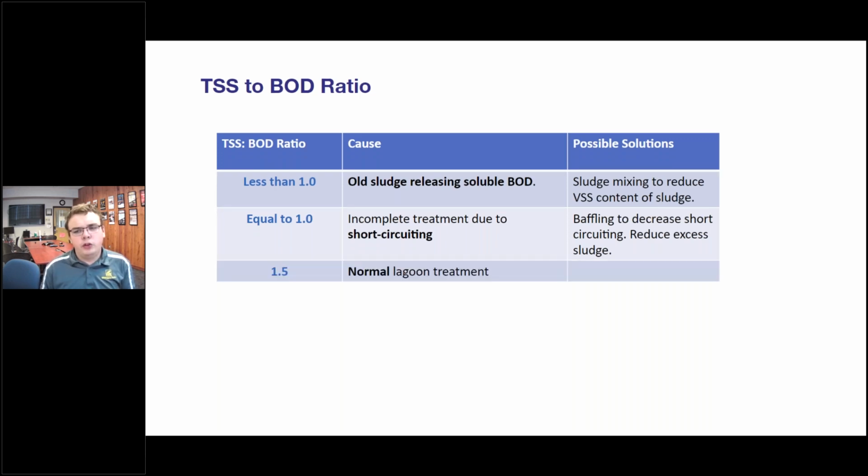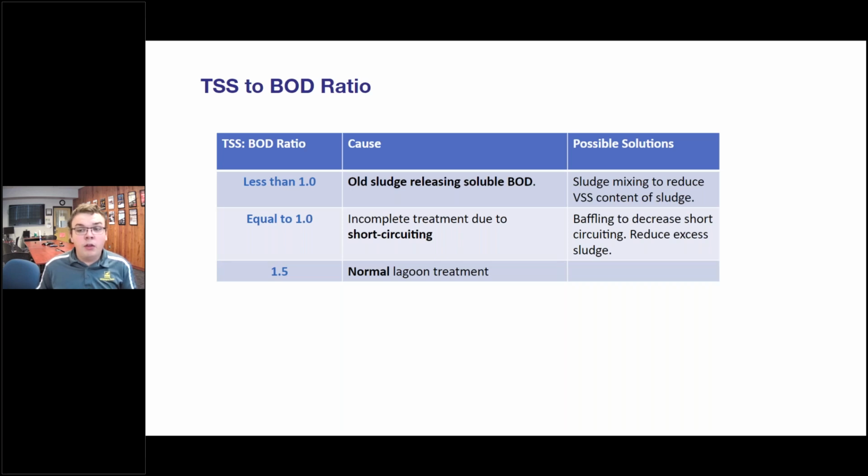Then the goal for a lagoon system is getting about a 1.5 ratio, where you're getting suspended solids, but you're also managing it with the oxygen demand that those solids have. You're not getting too many solids, you're not getting too much oxygen demand, it's staying fairly constant at this level.